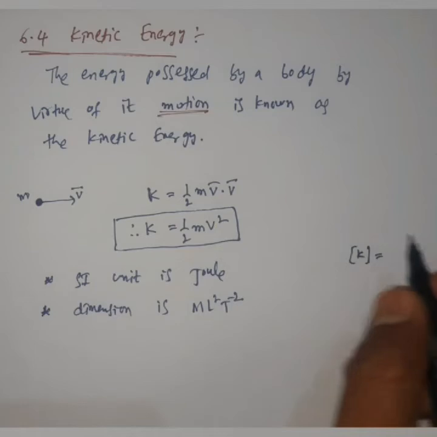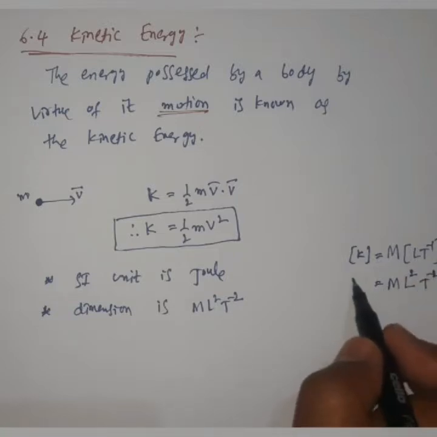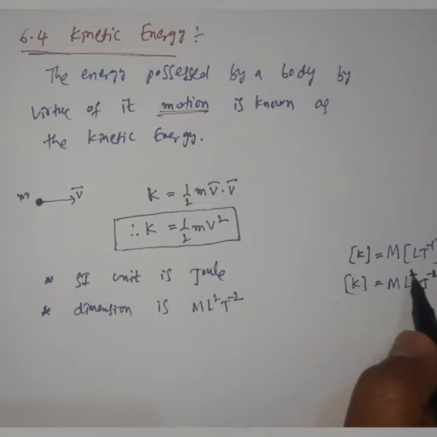The dimensional formula for mass is M, and for velocity is L T^-1, whole squared. So that is M L^1 into 2, T^-1 into 2, which is M L^2 T^-2. So the dimensional formula for kinetic energy is M L^2 T^-2.